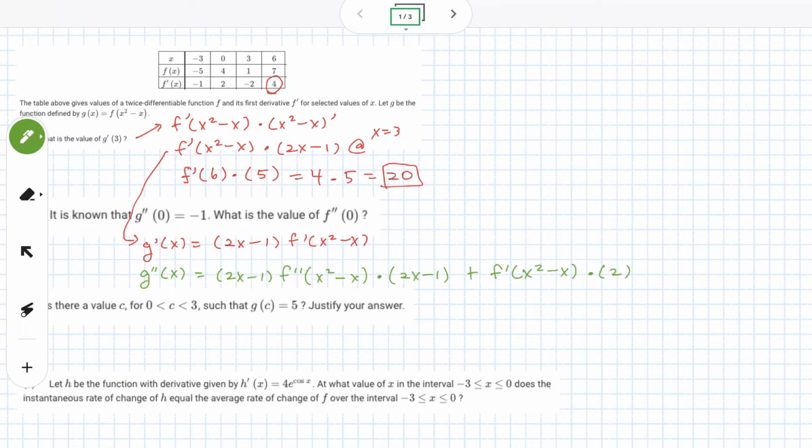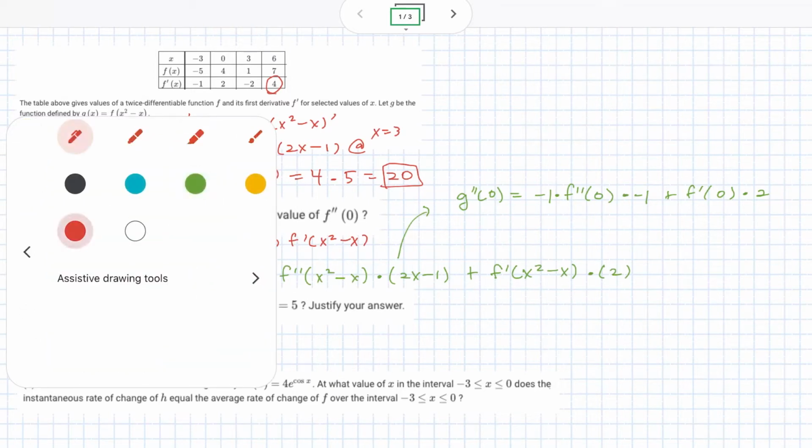Okay. And then, so now it is known that g double prime of 0 equals negative 1, and what they want us to figure out is what is f double prime of 0? In other words, if all of these terms get replaced with x equals 0, then g double prime of 0 equals f double prime of 0 times negative 1 plus f prime of 0 times 2.